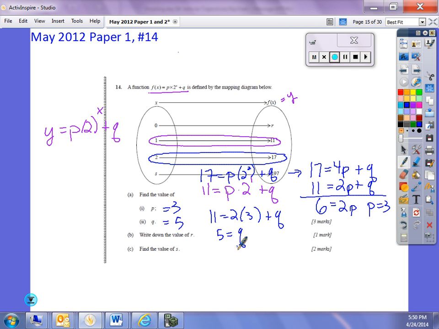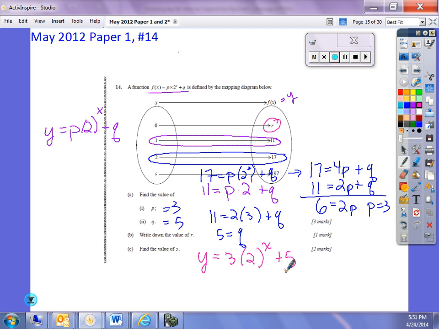All right, now it says write down the value of r. Well, let's see, where is r? r is this missing piece of information. But now I've got an equation, right? So I know that y is equal to, I know what p is. p is 2. No, I'm sorry, p is 3, 3 times 2 to the x, and I know that q is 5.